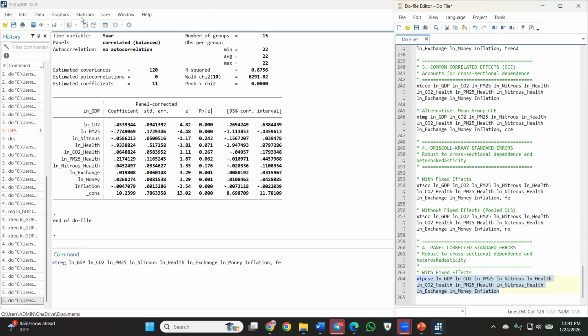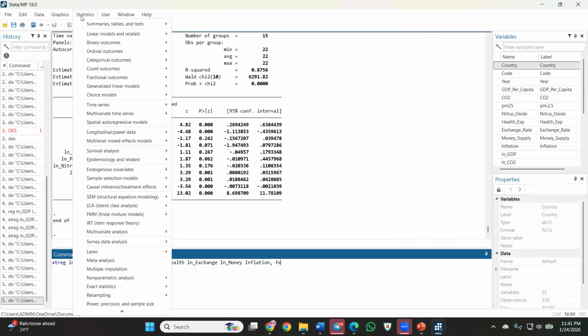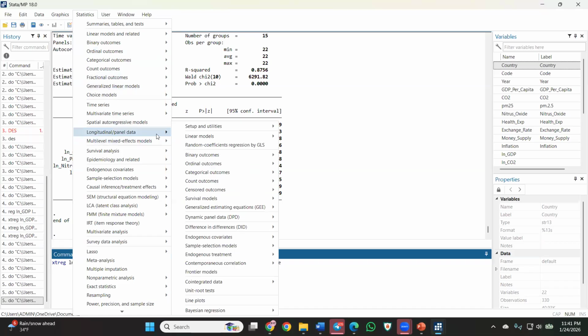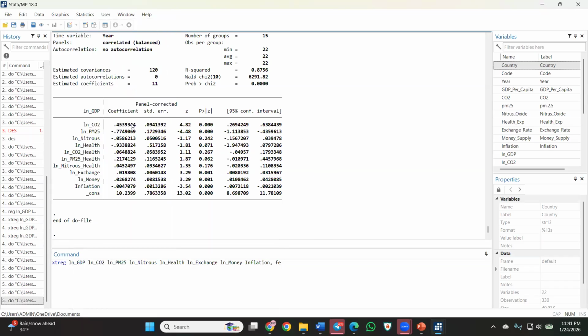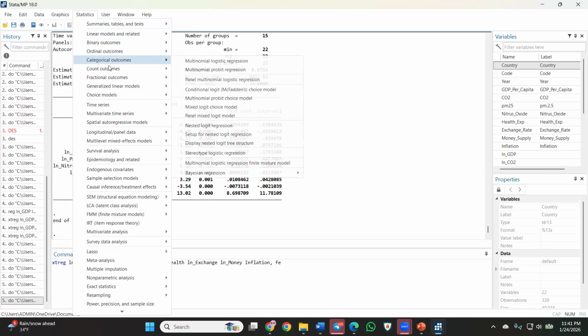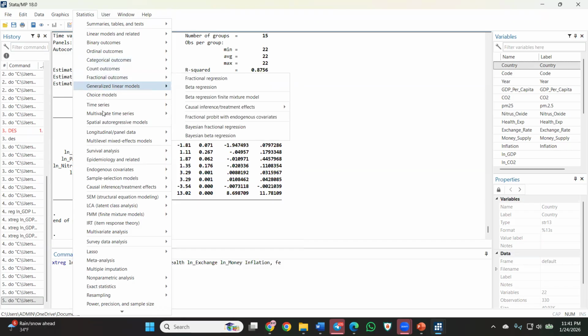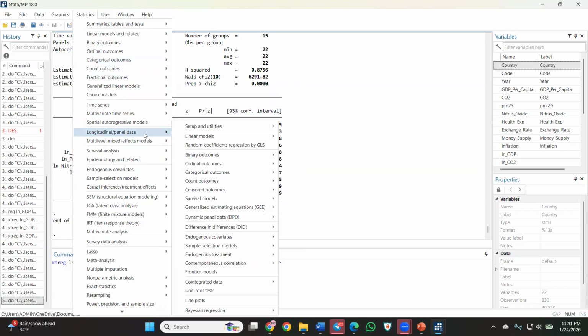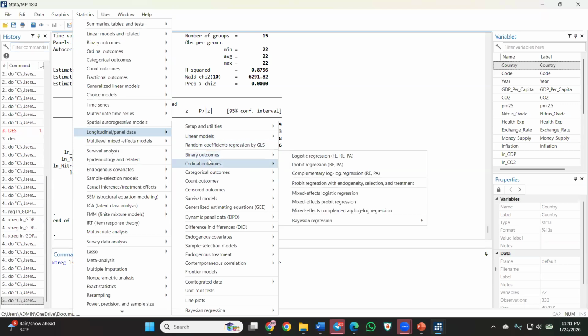You can also use the statistics menu here. You can use some of the commands here if you don't want to use the codes. You can come here. We are dealing with panel data. And in the panel data, you have linear regression, binary.